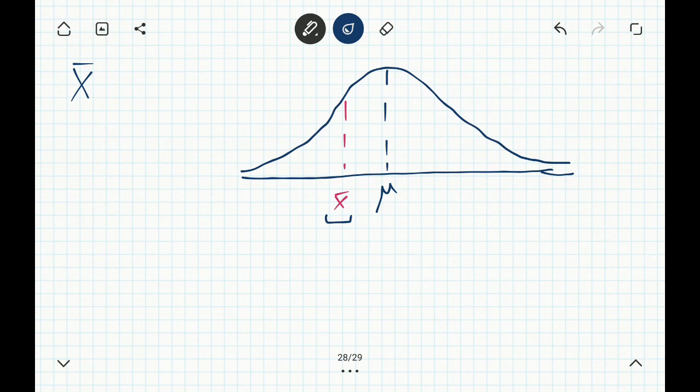One of them is when we know the standard deviation of our initial data, maybe from prior studies or maybe from some other place, but let's just imagine that we know the standard deviation of our data. Knowing the standard deviation of data, we can find the standard deviation for this distribution.